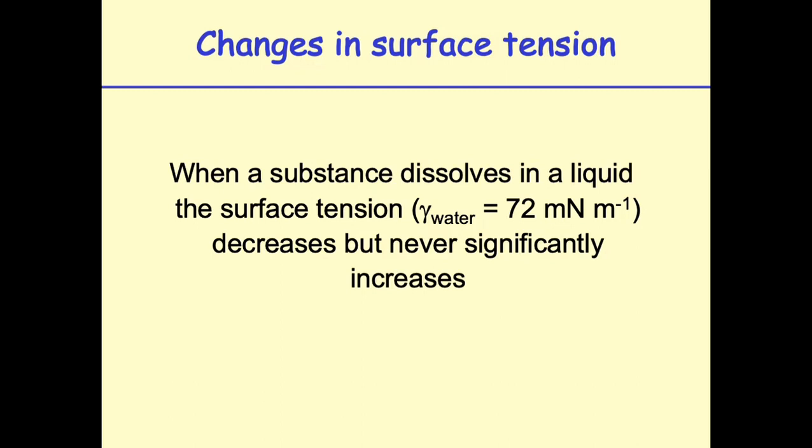But you're never going to get an example where you add something that dislikes being at the surface more than water, so replaces a water molecule. That wouldn't happen. Okay. So this is a truth for all systems. When a substance dissolves in a liquid, the surface tension can decrease, but it will never significantly increase.